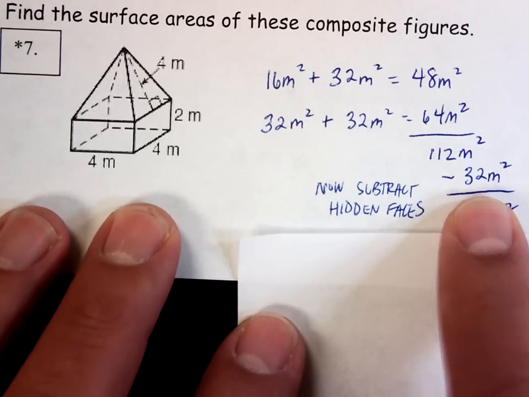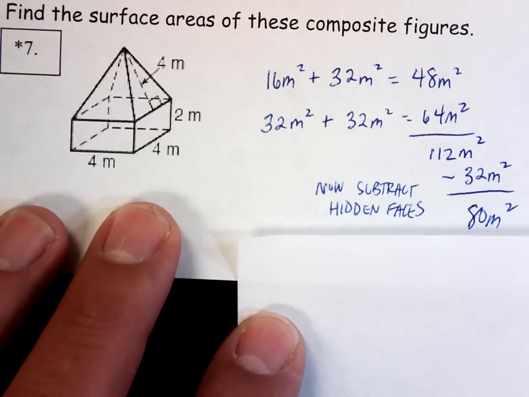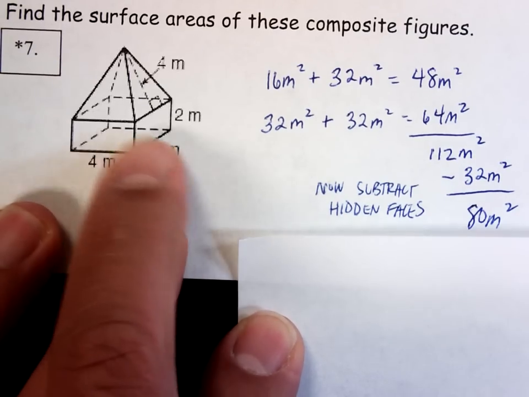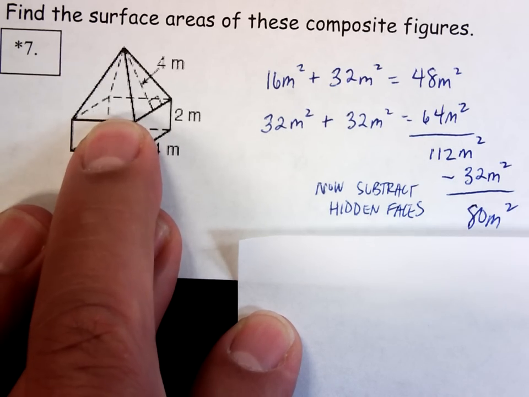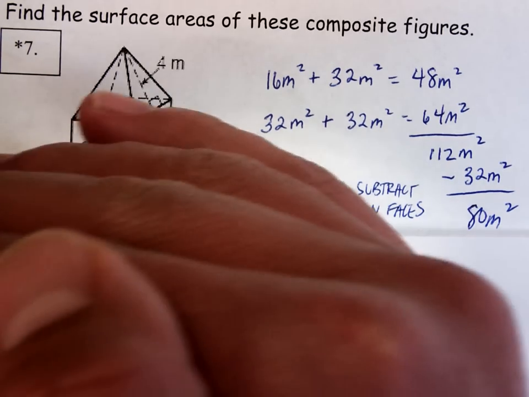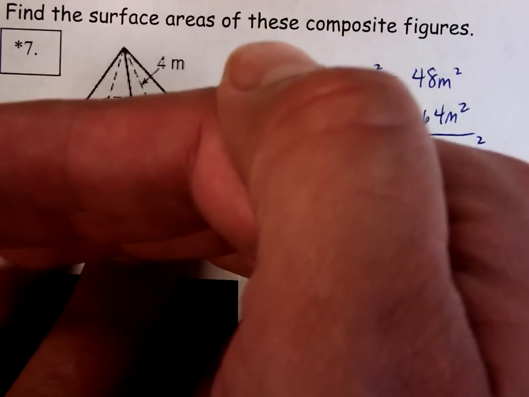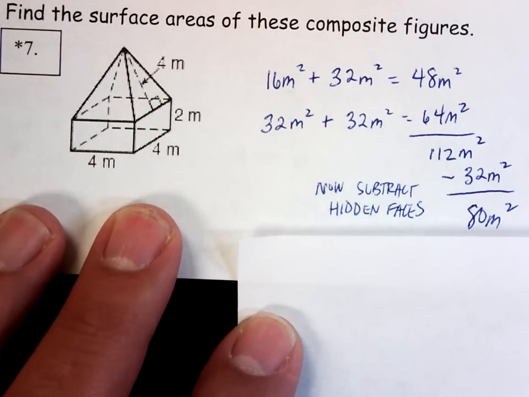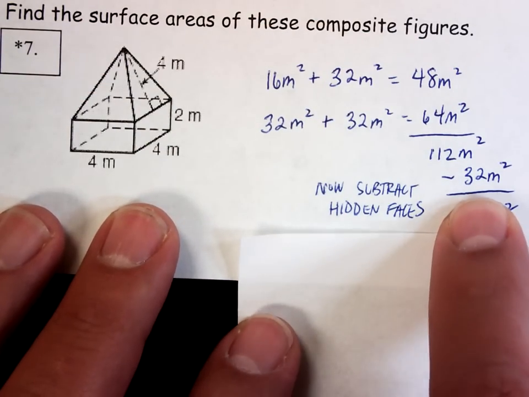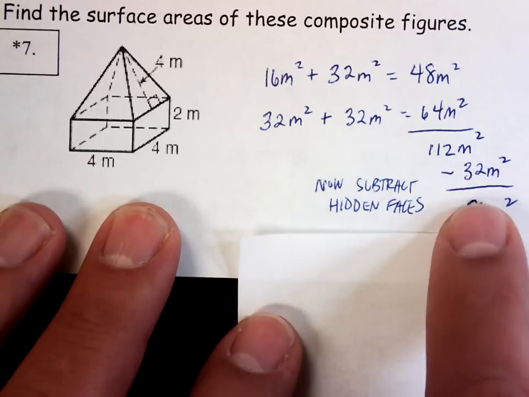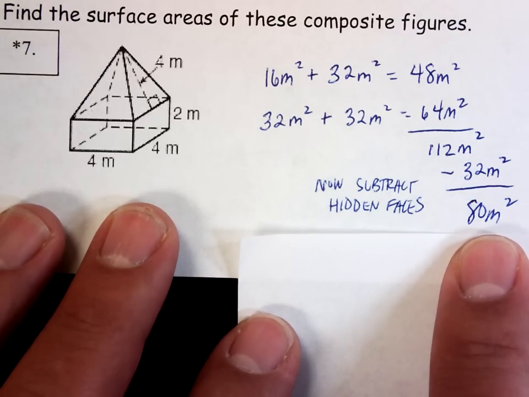What is the area of the face being shared? 4 times 4, the area of that square is 16, but it's being covered on the bottom of the pyramid, and it's also being covered on the top of the prism. So that 16 is being subtracted twice, so I have to subtract 32. So 112 minus 32 gives me 80 meters squared for the area of this composite figure.